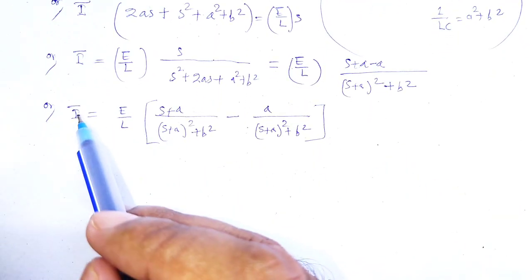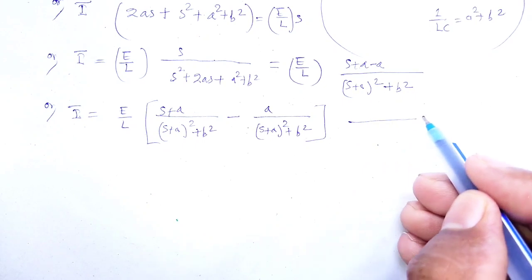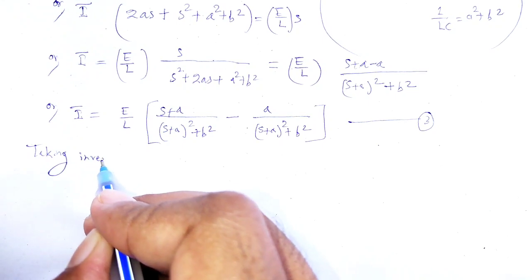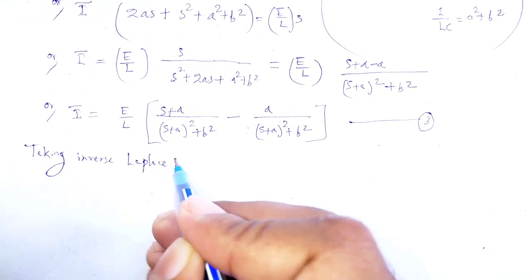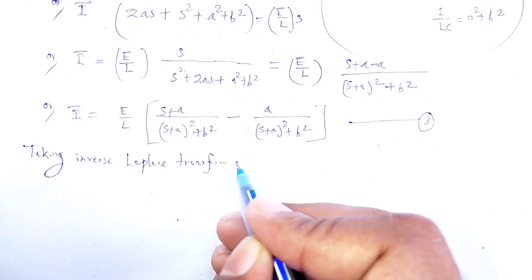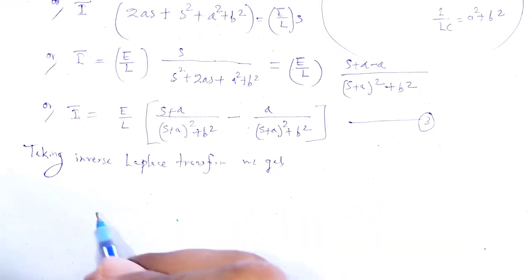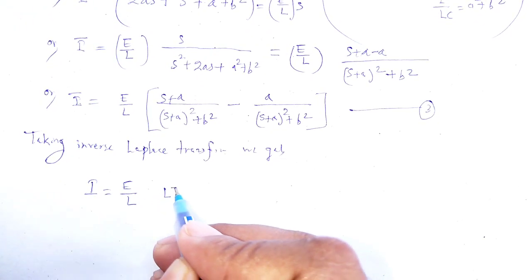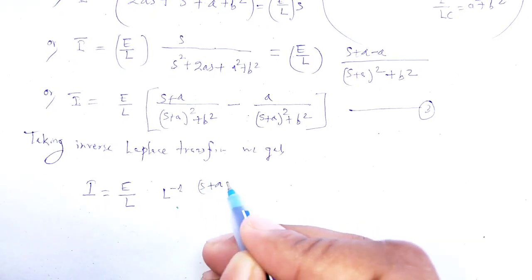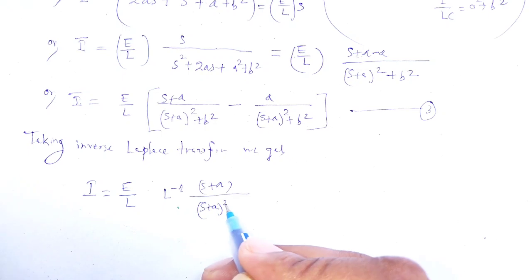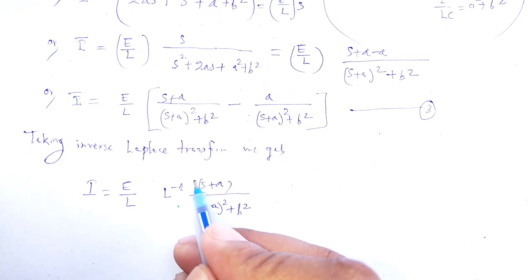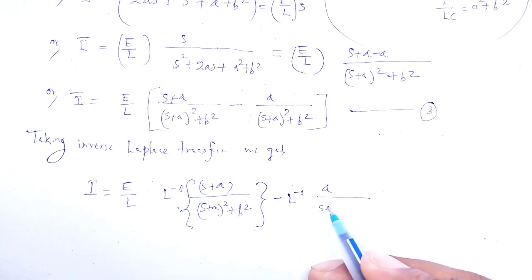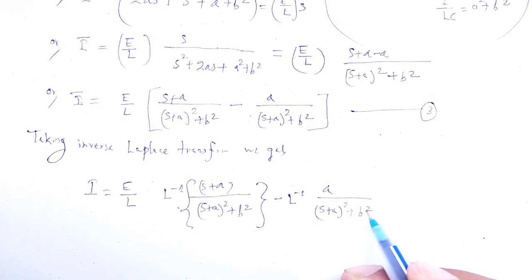Now to achieve I, we have to apply the inverse Laplace transform here. Taking inverse Laplace transform, we get I is equal to E by L, inverse Laplace transform of S plus A divided by S plus A square plus B square, minus inverse Laplace transform of A divided by S plus A square plus B square.